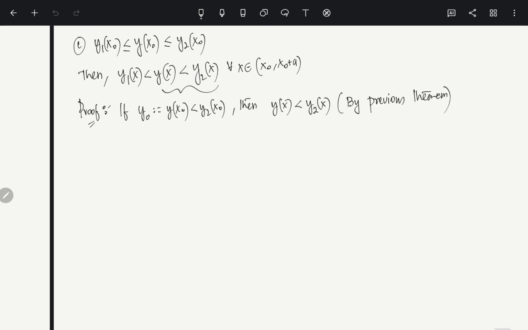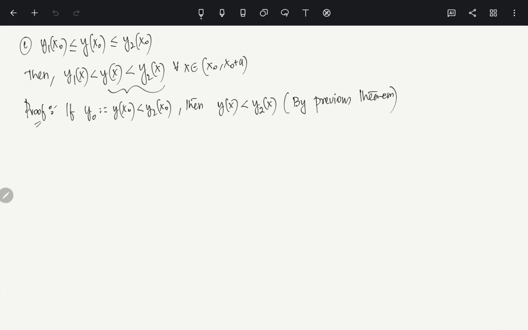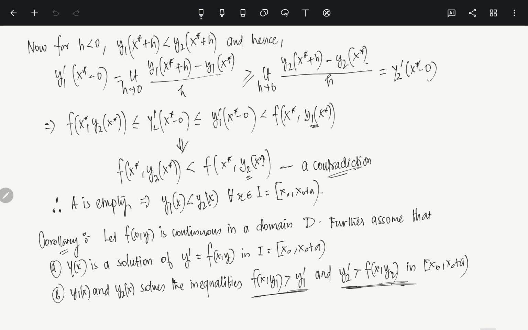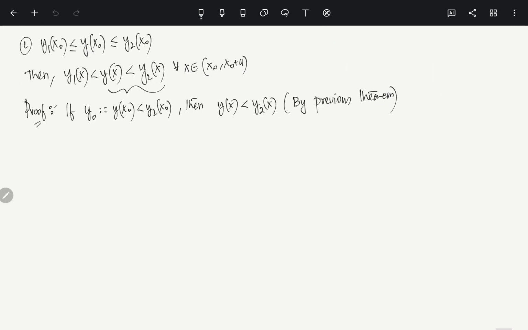So that is satisfied. And now one is equals to and one is strict, right? At initial data, this is strict initial data. This is our assumption, and then the solution stays strictly unequal, right? Okay, so this is always there.